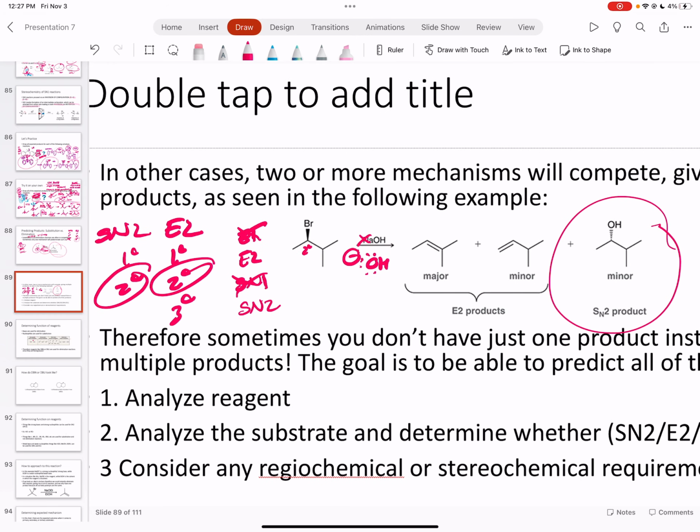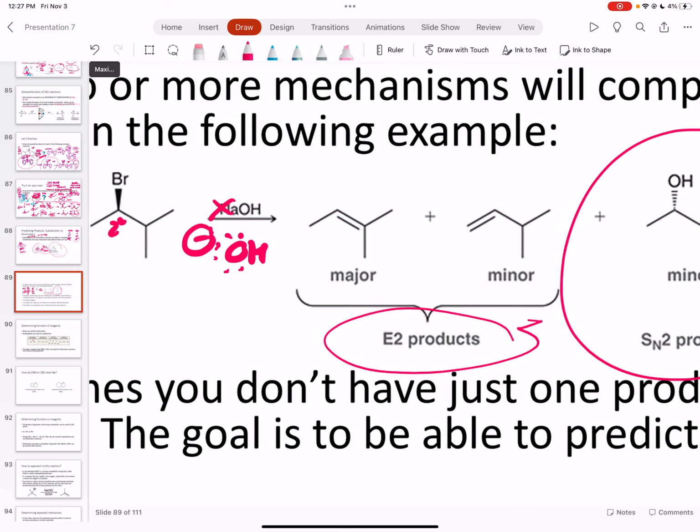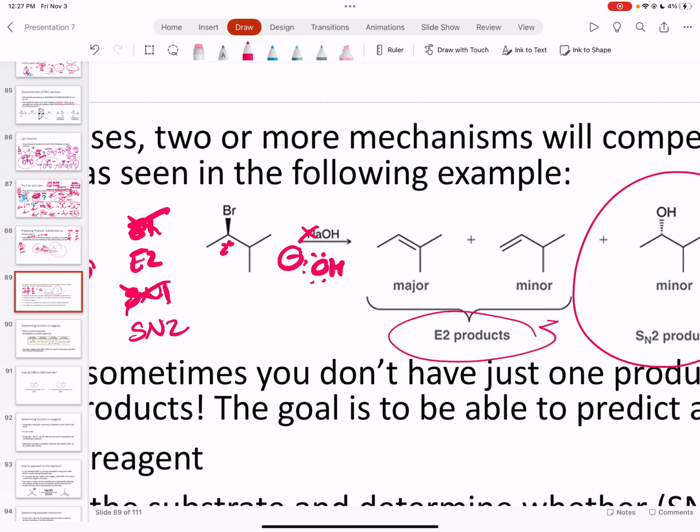and then we have E2 products. For the E2 products we have two products just because of what we learned previously. We analyze the beta carbons, and we see that in here they have a hydrogen, and here they have another hydrogen.